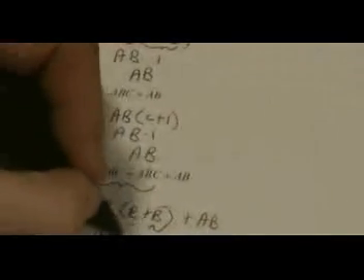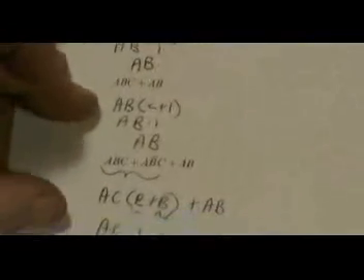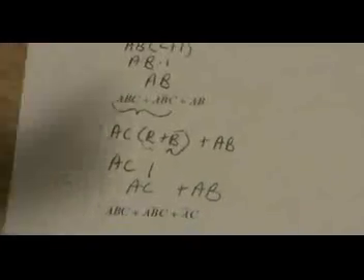So I have AC times 1 or AC. And I still have plus AB here. To finish off the math, there's an A in common. I'll take that out, and I'm left with C plus B.